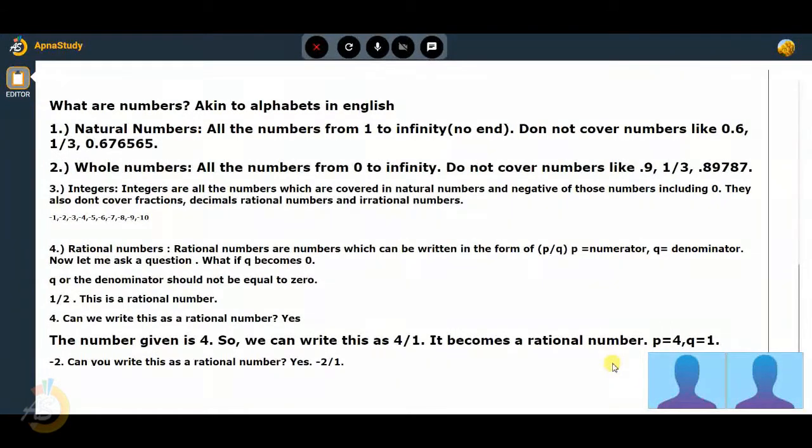Now we have discussed what Q should not be. Q should not be equal to 0, but we have not discussed the exact condition on what P should be. P should be natural or whole or integers, what should it be?